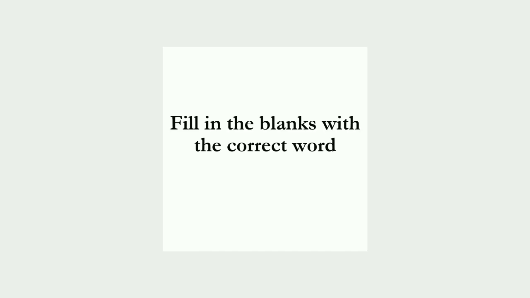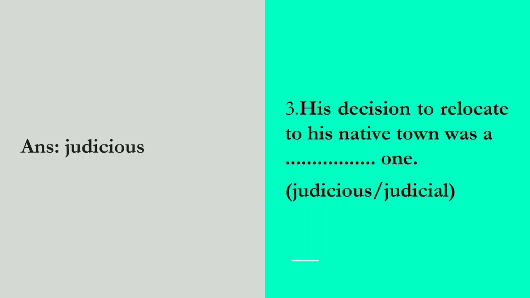So the two exercises in this session are over, and now we look into the instructions for the next exercise. Fill in the blanks with the correct word. You have got two words in the brackets, and from that you have to find the correct word. The first question: his decision to relocate to his native town was a dash one. The words given in the brackets are judicious, judicial. In order to find the answer, you need to find the meaning of the words.